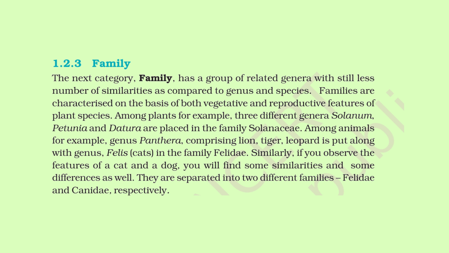Among animals, for example, genus Panthera, comprising lion, tiger, leopard, is put along with genus Felis, cats, in the family Felidae. Similarly, if you observe the features of a cat and a dog, you will find some similarities and some differences as well. They are separated into two different families, Felidae and Canidae respectively.